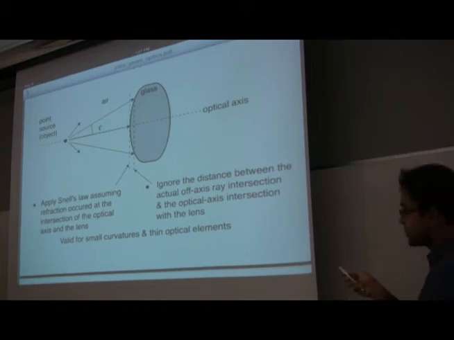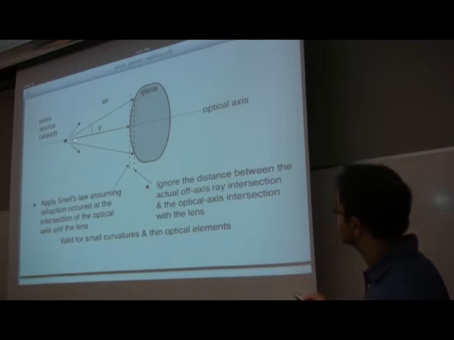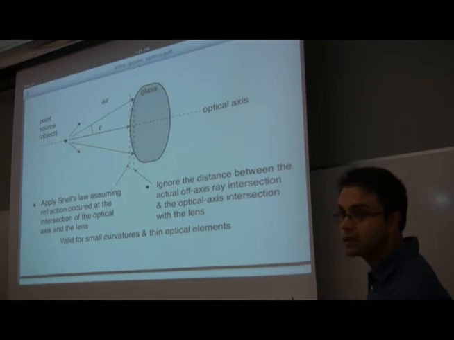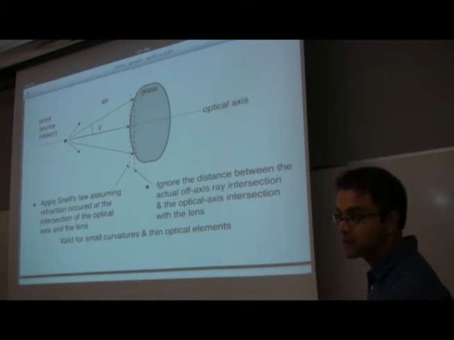There's another important consequence of the paraxial approximation. If you look in detail at what happens to the rays, look at this ray. It is incident on the surface at this point, where this ray is incident on the surface at that point. So it's a little bit shifted. This point is a little bit further down than the other point. In the paraxial approximation, because epsilon is small, we will ignore that shift.